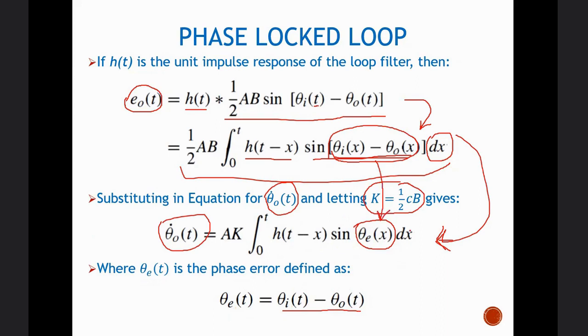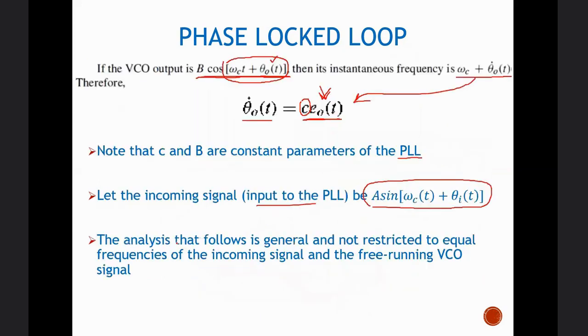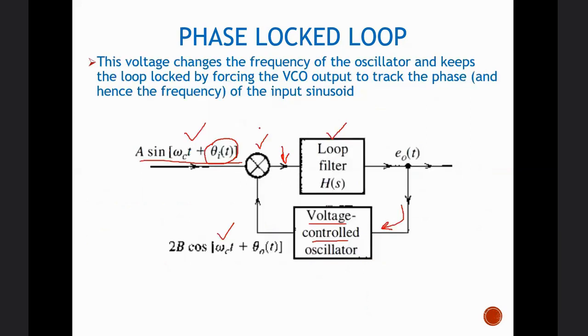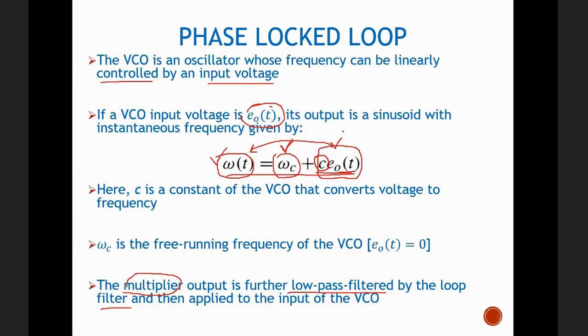Now it can be seen that if there is a phase difference between the incoming signal and the phase of the voltage controlled oscillator output, then we will have some phase angle theta E, and then we will have some value for theta naught t. If this is the value that we are getting for theta naught t, then we have to substitute that over here.